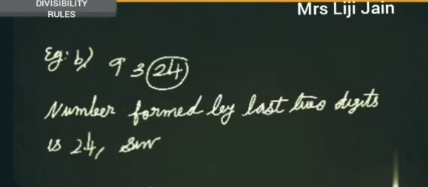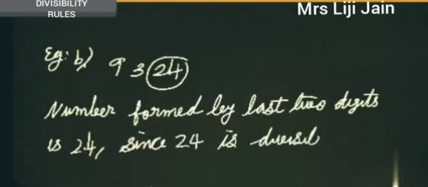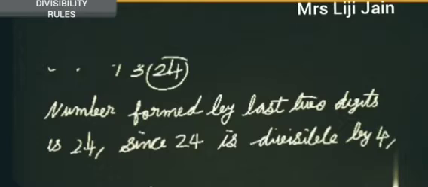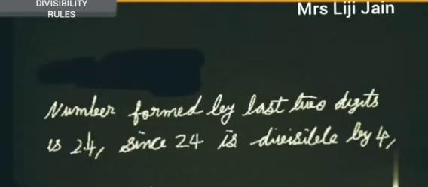Since 24 is divisible by 4, is 24 divisible by 4 or 24 in 4's table? Yes, isn't it? Since 24 is divisible by 4, we can say that the given number 9324 is also divisible by 4, isn't it?